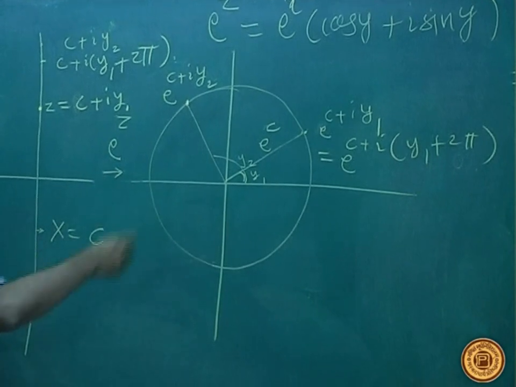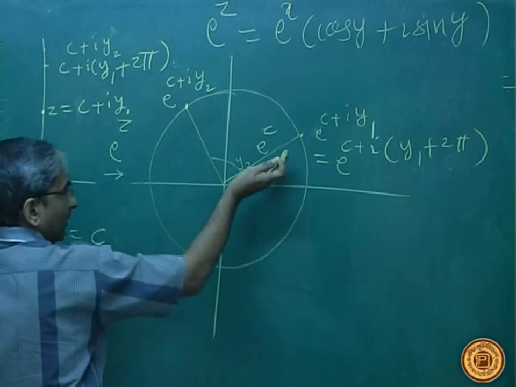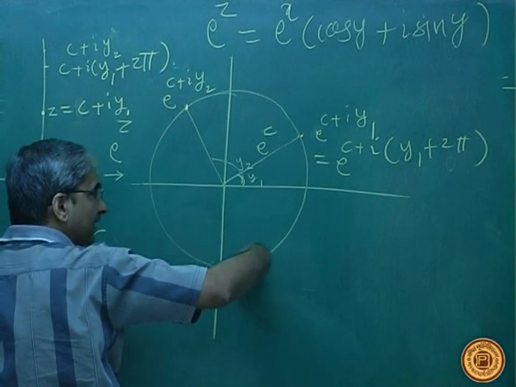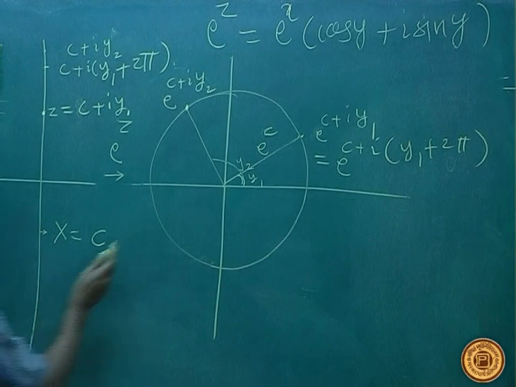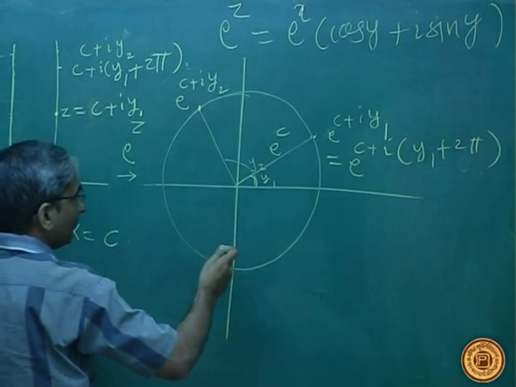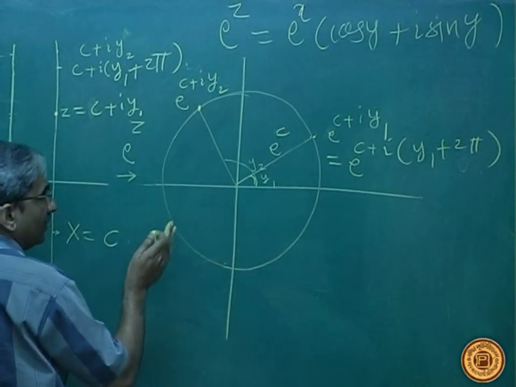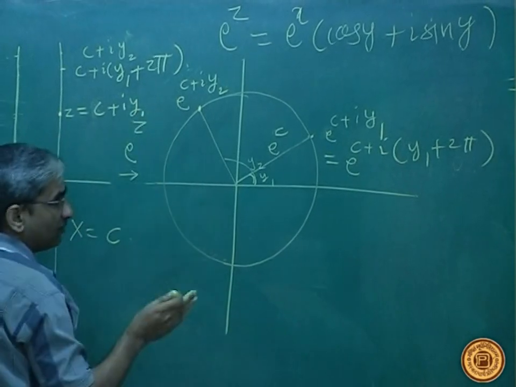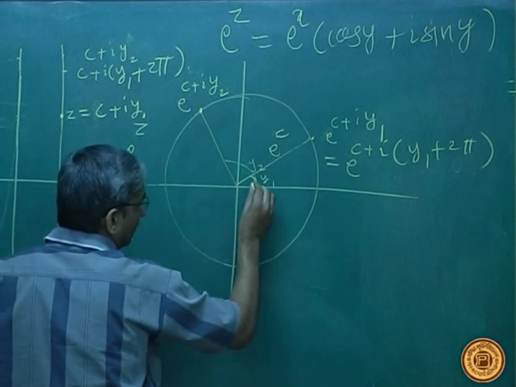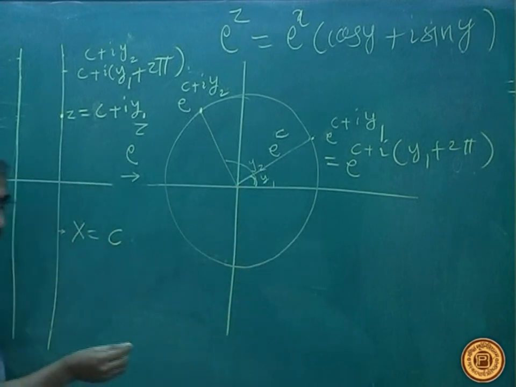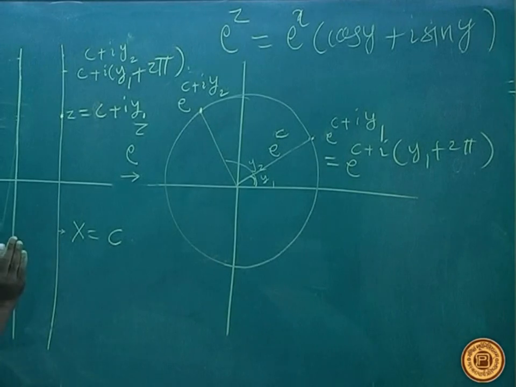So as long as you have fixed the x coordinate, you keep getting points on the circle, and if the y coordinate differs by a multiple of 2 pi, you get the same point, because on a circle the angles y1 and y1 plus 2 pi are the same, so they represent the same point.